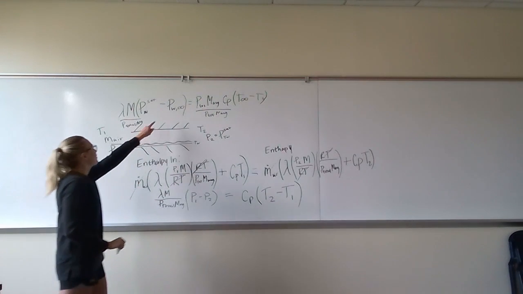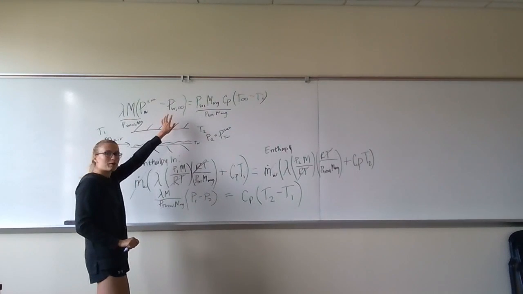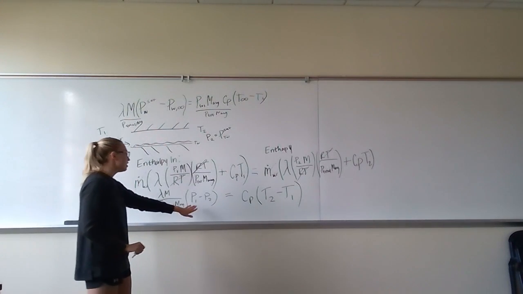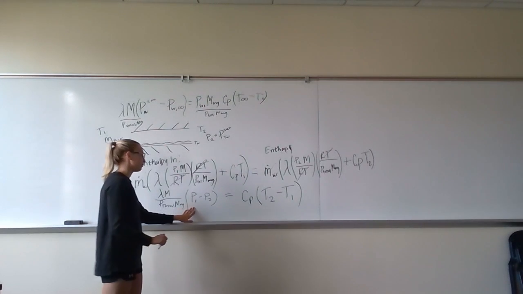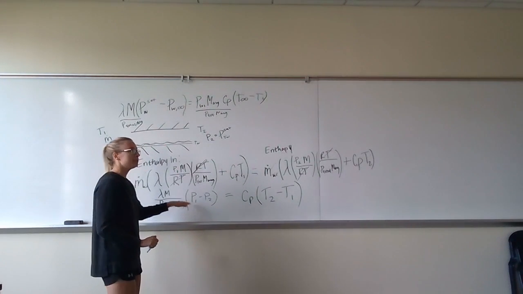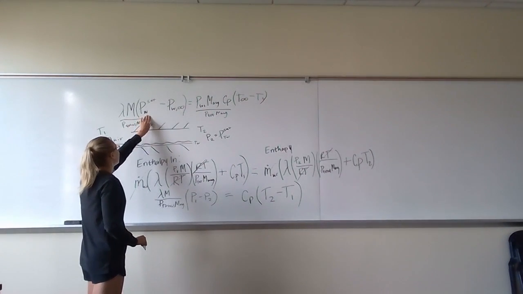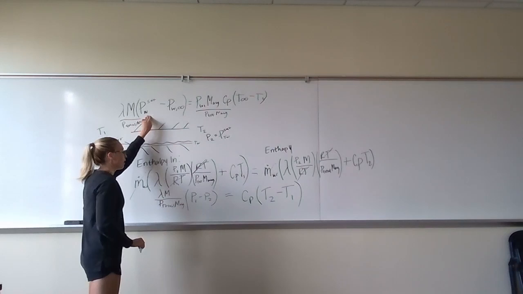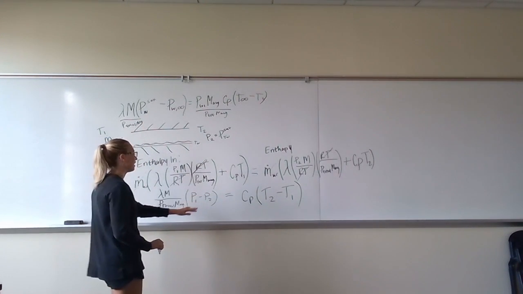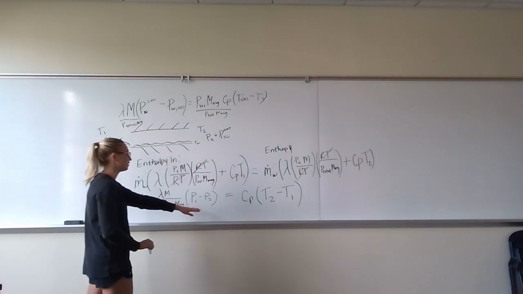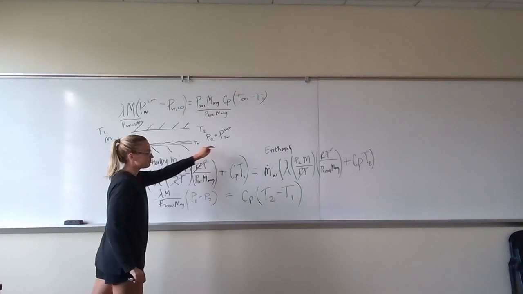So we have the partial pressure of the water as far away from the wet bulb thermometer is analogous to the pressure of the water vapor going into the tube. We also have the pressure of the water saturated on the wet bulb thermometer is analogous to the partial pressure of water vapor coming out of the tube, which is the saturated water pressure.